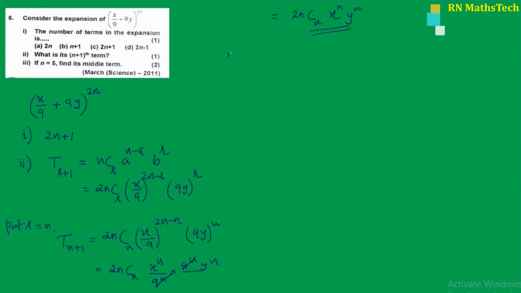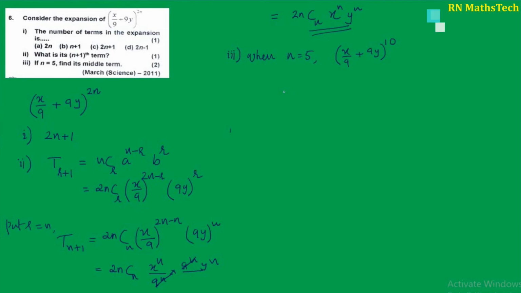Now the third part: if n = 5, find its middle term. When n = 5, the expression is (x/9 + 9y) raised to 10.